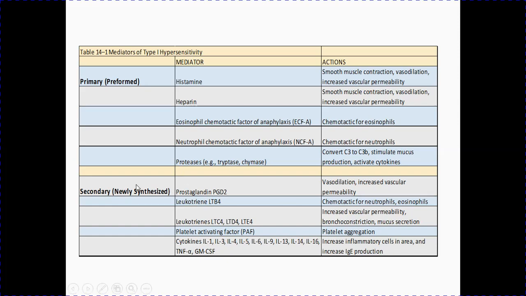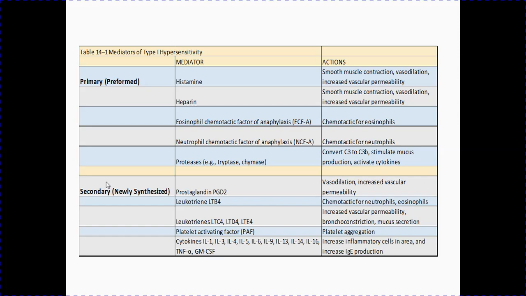So what these secondary mediators are talking about, when we're talking about newly synthesized factors or mediators, is that after the preformed mediators are released, some of the preformed mediators tell the same basophils and mast cells to produce some more.